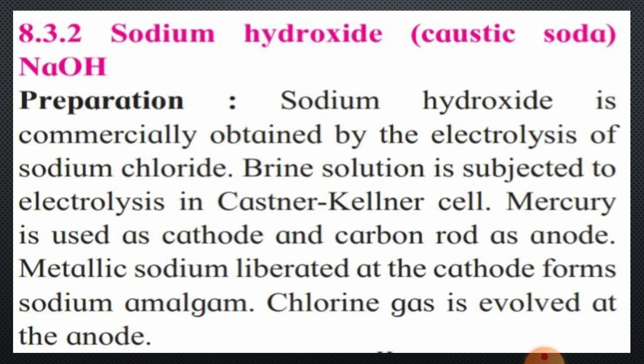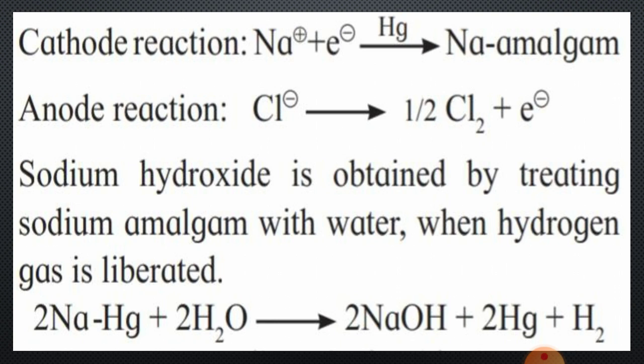Then metallic sodium will be liberated at the cathode and form sodium amalgam, while chlorine gas is evolved at the anode. We have taken a solution of sodium chloride, in which the electrolysis process takes place, due to which metallic sodium is liberated at the cathode and forms sodium amalgam, while chlorine is liberated at the anode in the form of gas.